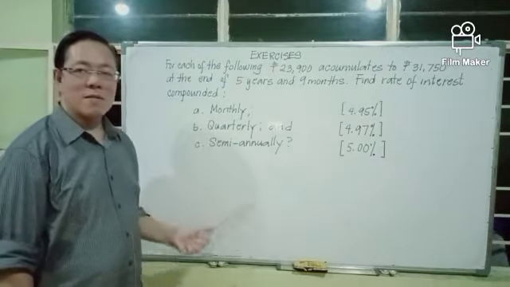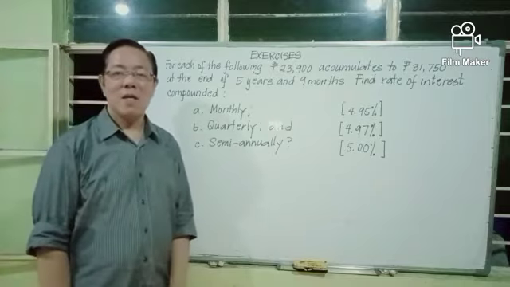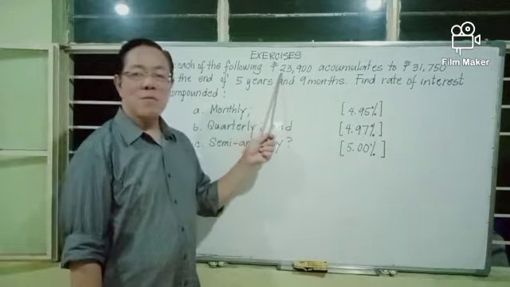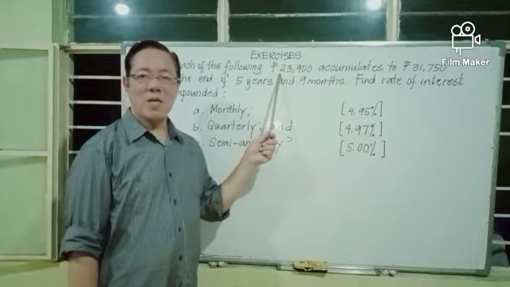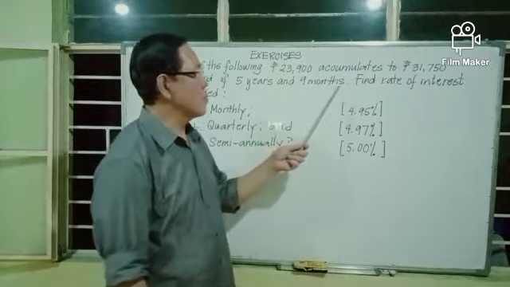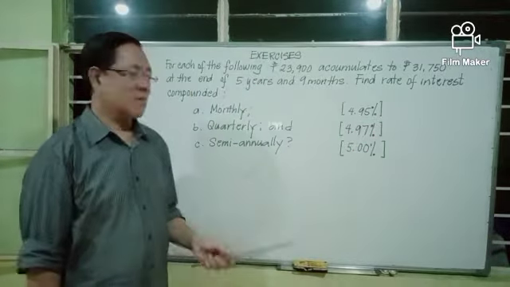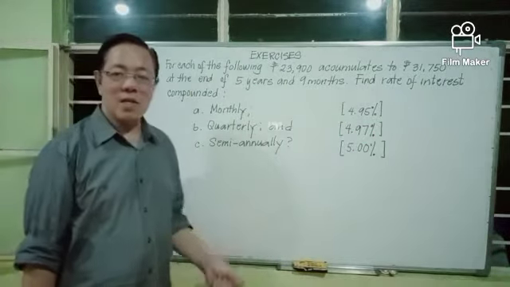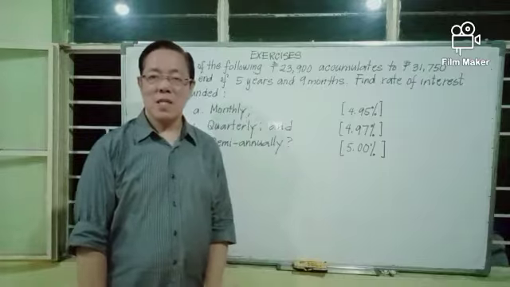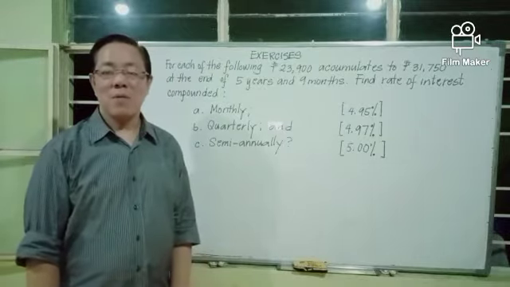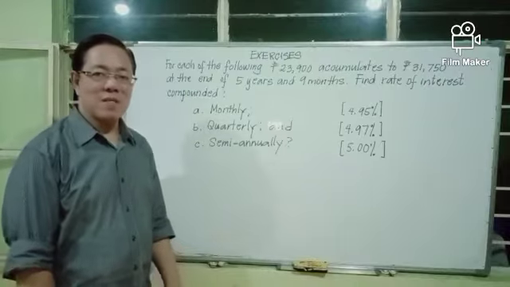For these three, you have the same given information. The original amount of 23,900 accumulates to 31,750 pesos. For each, you will find the compound interest rate, but the number of conversion periods per year is different.